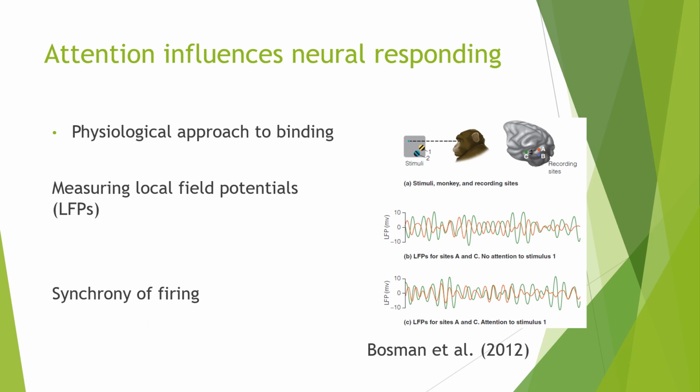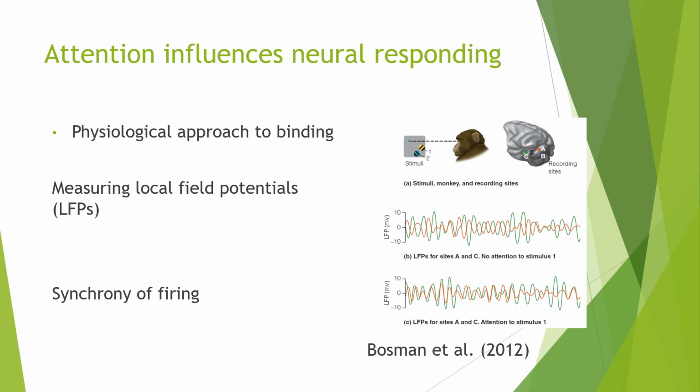So as you see in the picture in B, there's no attention to stimulus 1, which is where electrode A is over, the electrode that's over where the local field potential would be recording for 1.